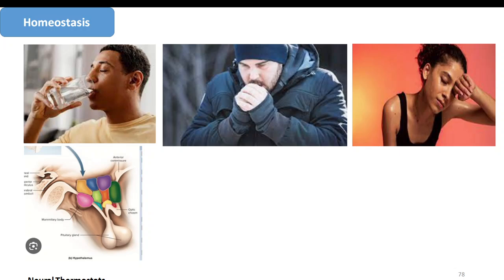Neural thermostats. Neurons are, in fact, as we discussed, it's all a bundle of neurons. The human body is all about a bundle of neurons. Neurons at several sites in the brain, especially within the front region of the hypothalamus, as you see in the image.